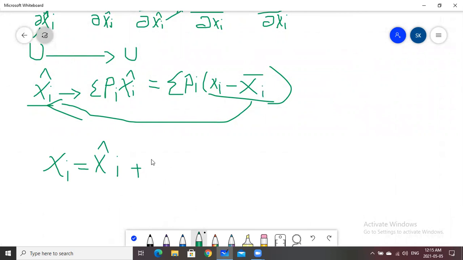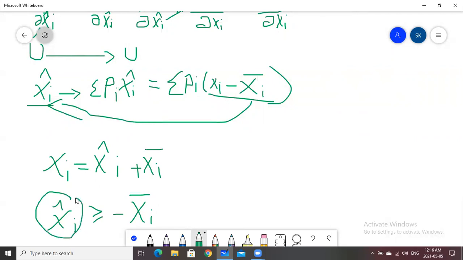So therefore, we also know that xi hat should be greater than or equal to minus xi bar.